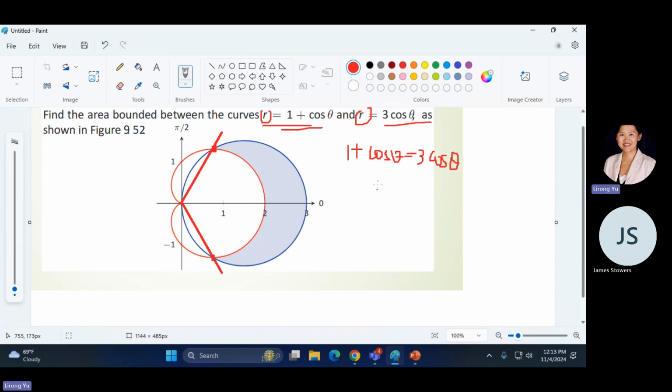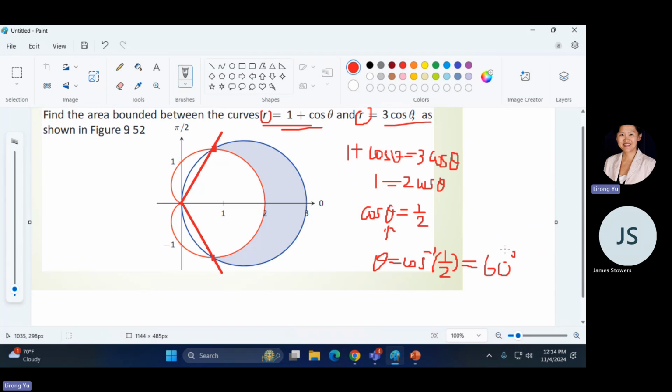If we subtract the cosine, you have 1 equal to 2 cosine theta, and then cosine theta equals 1/2. We want to find one solution, so we use inverse cosine: theta equals cosine inverse of 1/2. If you set your calculator in degree mode, cosine inverse of 1/2 is 60 degrees.